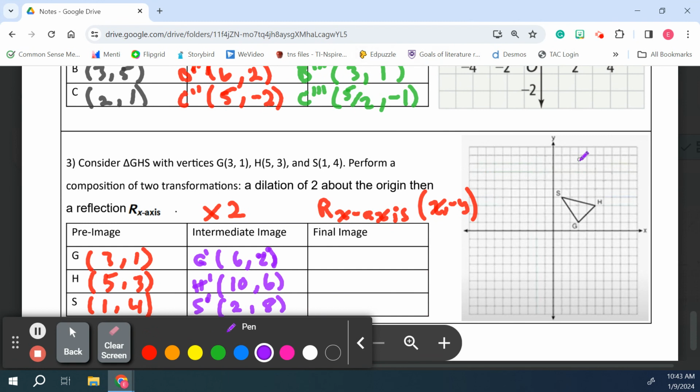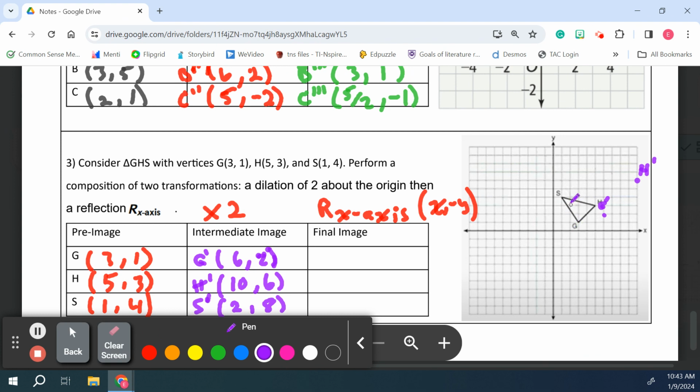So we're going to have 6, 2. So 1, 2, 3, 4, 5, 6. 1, 2. There's G. 7, 8, 9, 10. And then up 1, 2, 3, 4, 5, 6. There's H. And then S. 1, 2.